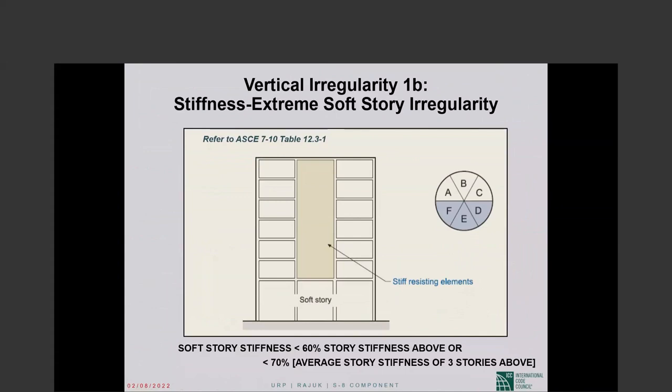Extreme soft story. Story stiffness lower than 60% rather than 70% of the story stiffness above, or, this is not and, or 70% rather than 80% of average story stiffness of 3 stories above.